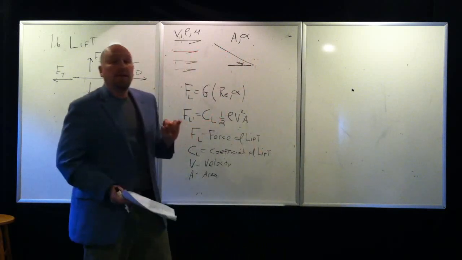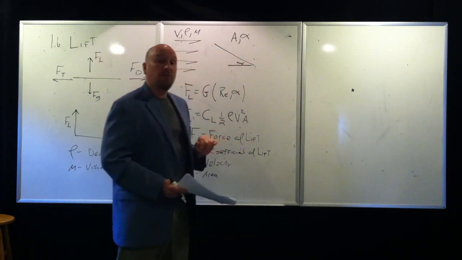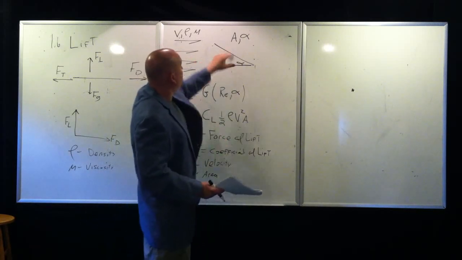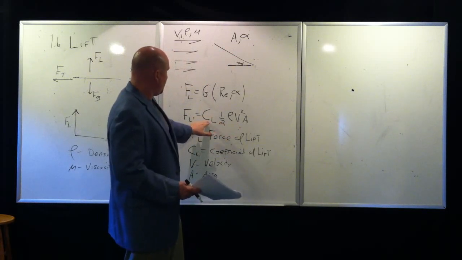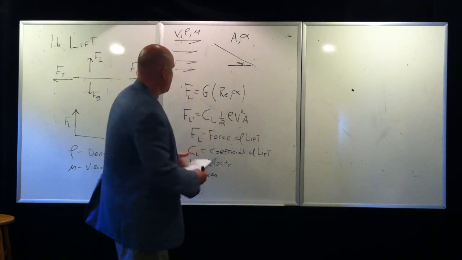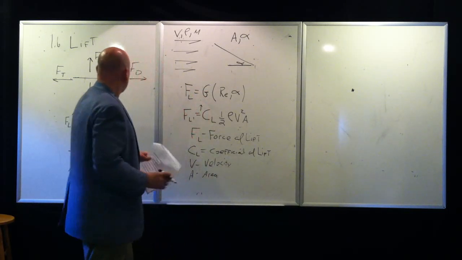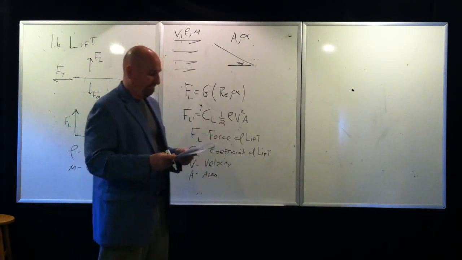A flat plate works somewhat nicely for lift. We're going to have that for our experiments in class. However, there are better shapes to increase the coefficient of lift. If the coefficient of lift gets bigger, we'll see the force of lift will also increase, so it'll be easier for our plane to fly.